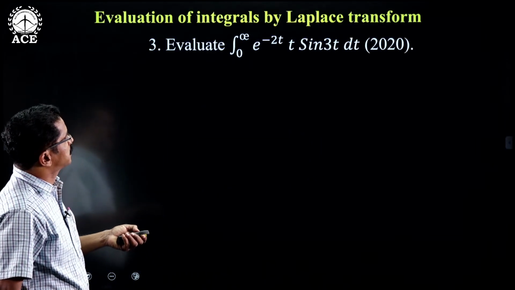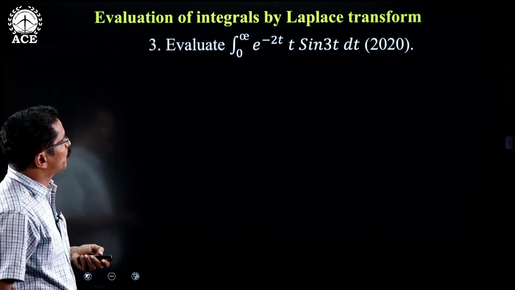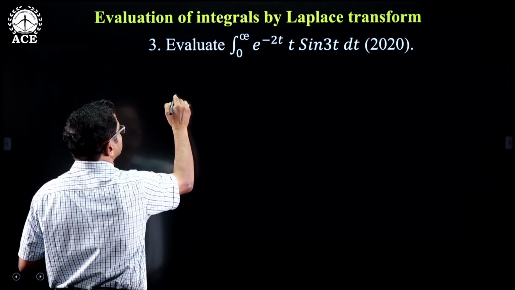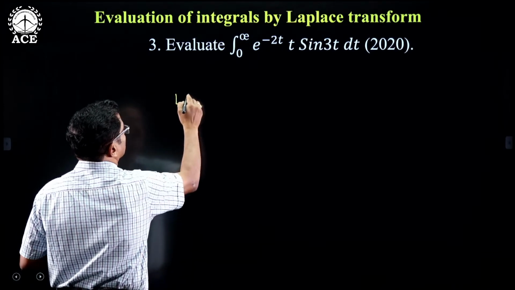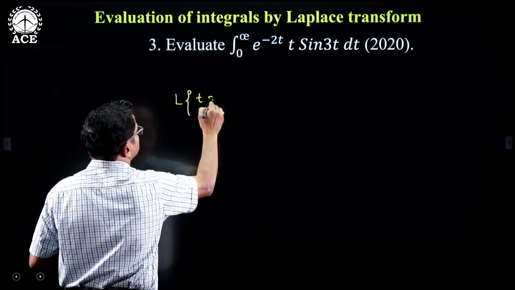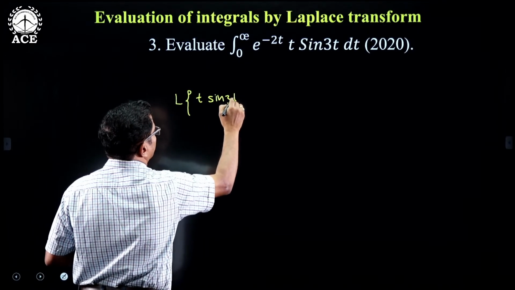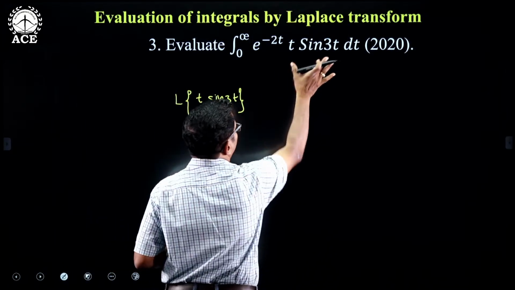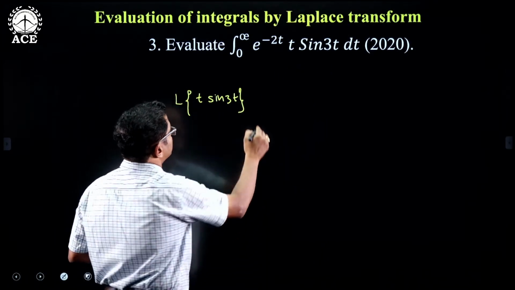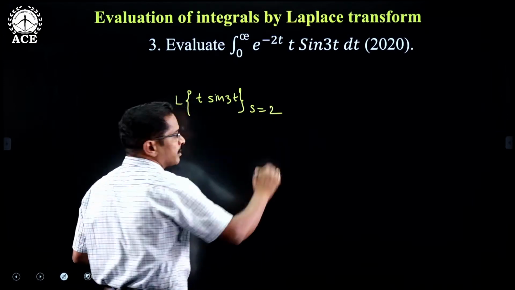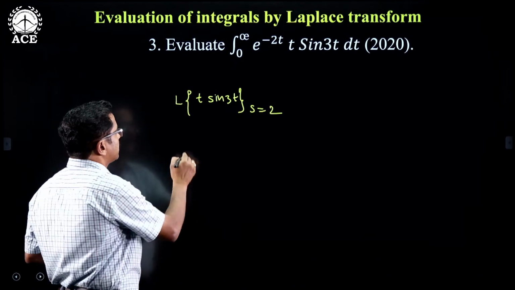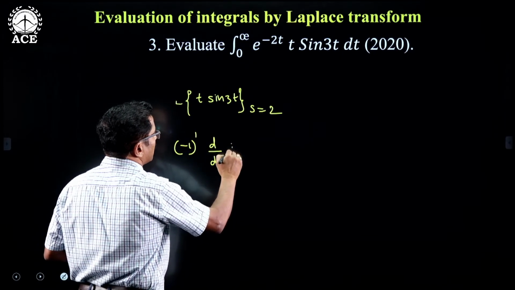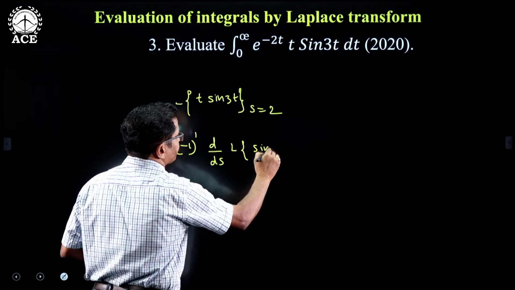Okay, next this one, e power minus 2t t sin 3t. I will write this as L of t sin 3t. When I compare with the Laplace transform definition, in the place of f of t we have t sin 3t, where s is equal to 2. So it is multiplication by t. So minus 1 whole power 1 into d by ds of L of sin 3t.